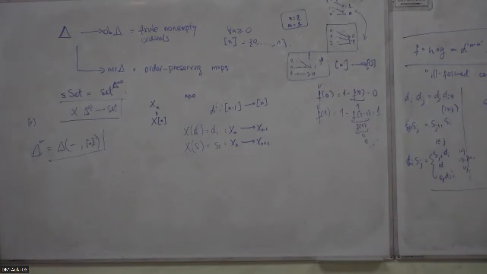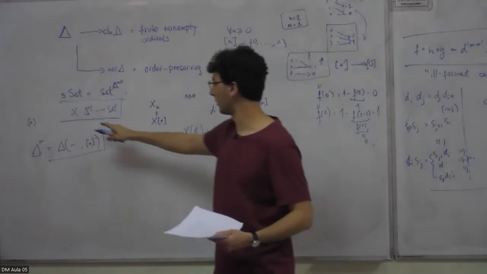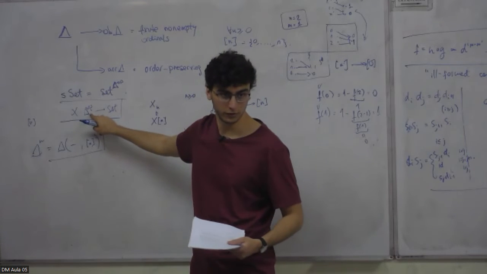So basically you have a set which is stratified because it has elements of different degrees, and you can act on these elements with morphisms of this category.